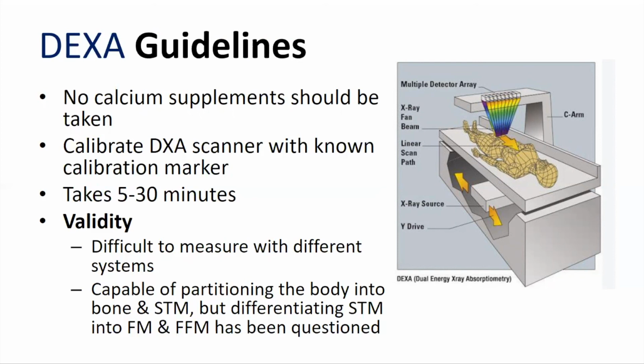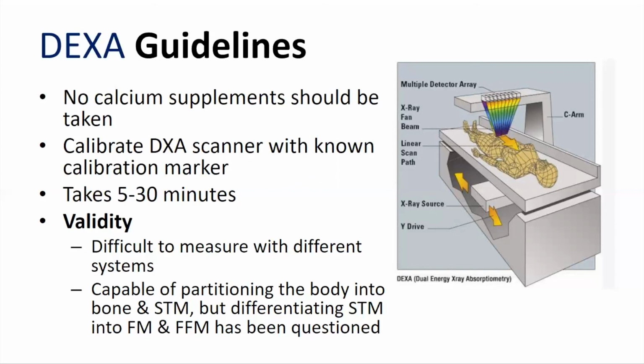Like any method, the machine needs to be calibrated against a known calibration marker. For the underwater weighing, we used a weight. For the bod pod, they used that 50-liter cylinder. And in this case, they would use different markers with known amounts of absorptiometry.